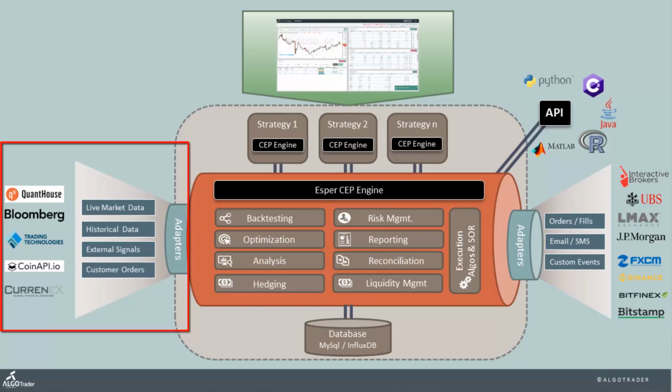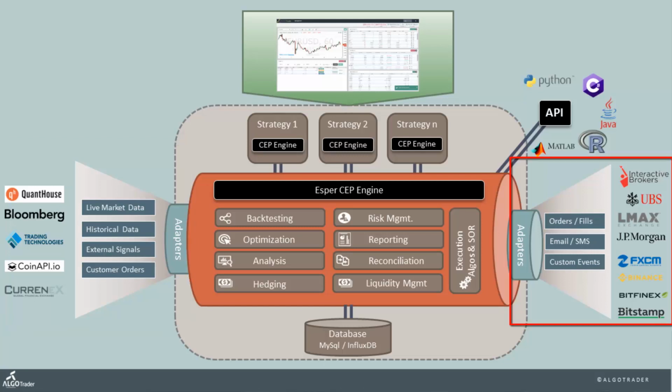Over here on the left-hand side, we have a lot of inbound data adapters for live market data, for historical data. So we connect to Bloomberg and TT and various cryptocurrency data sources. Overall, we have about 30 adapters that we developed over the years.